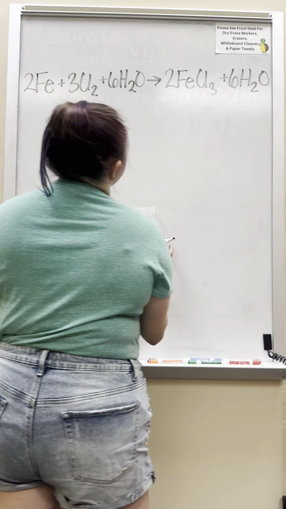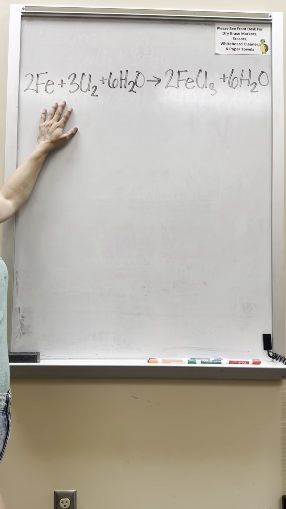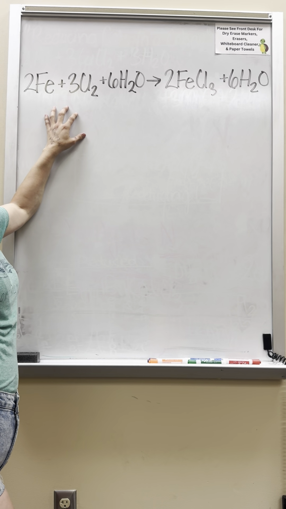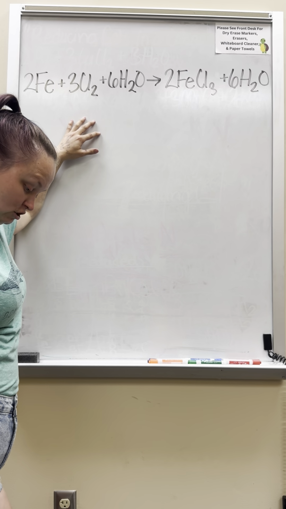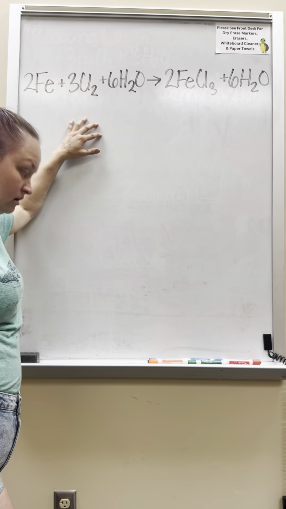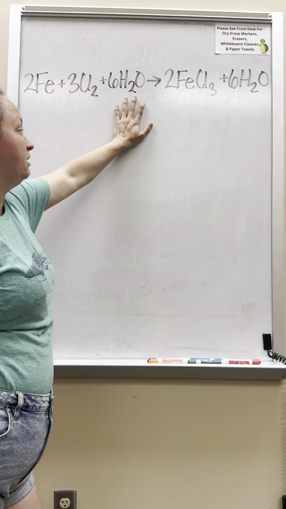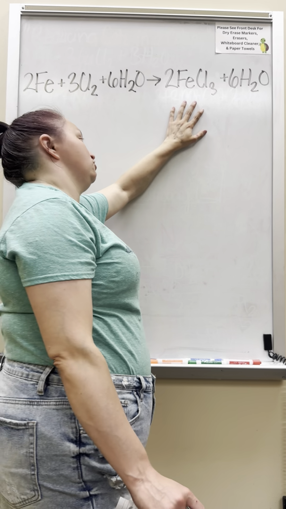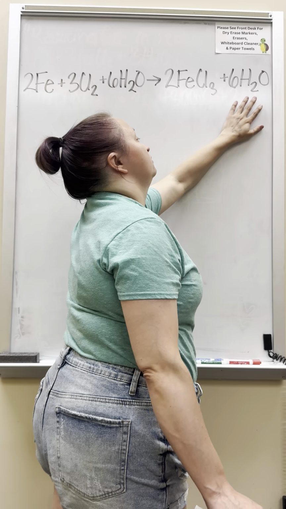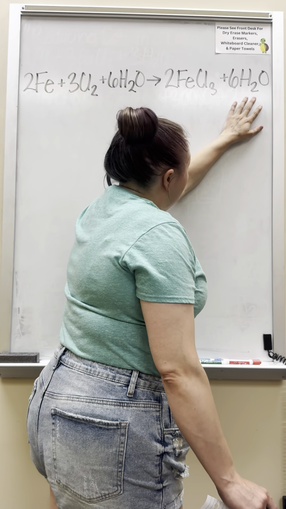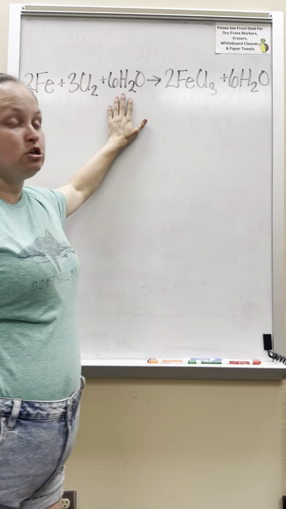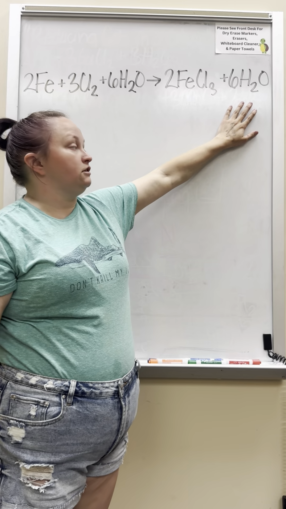All right. You see how there are no hydrogens or oxygens in anything except for H2O? There's no hydrogens or oxygens over here except for H2O. No hydrogens or oxygens over here except for H2O. And you have 6 H2O over here and 6 H2O over here.